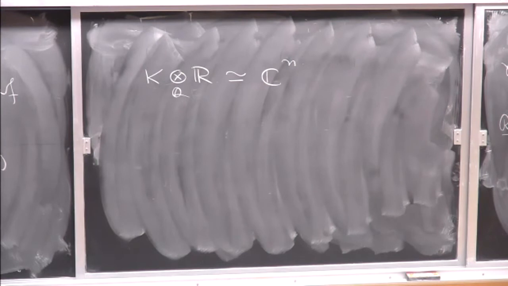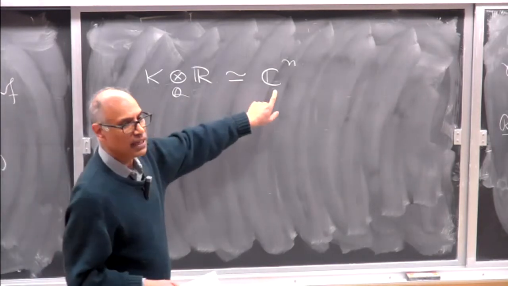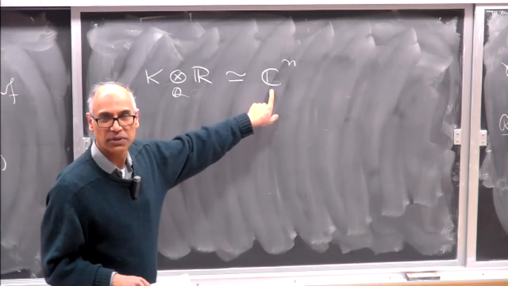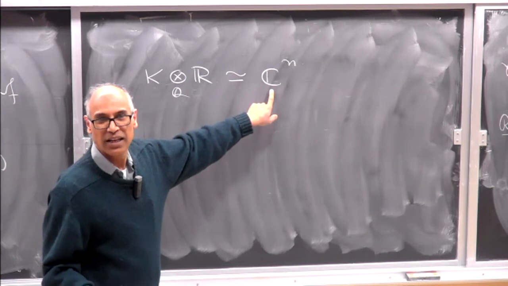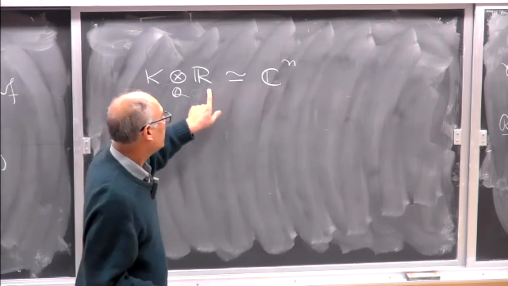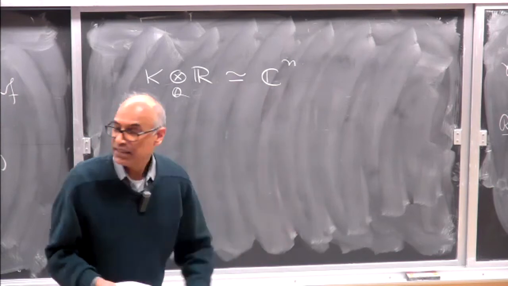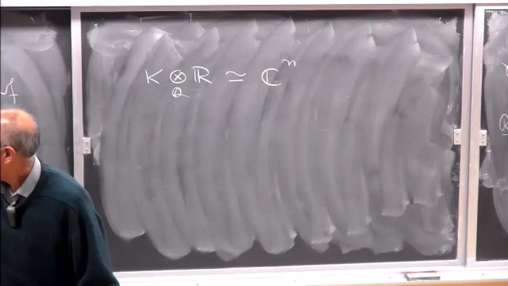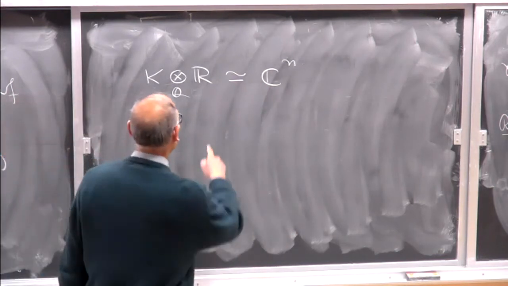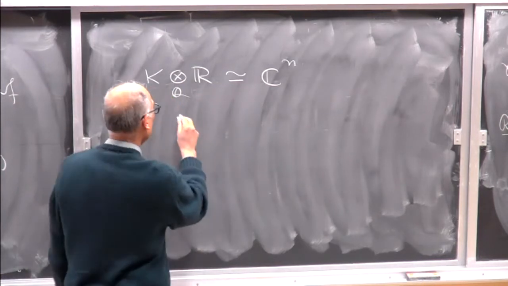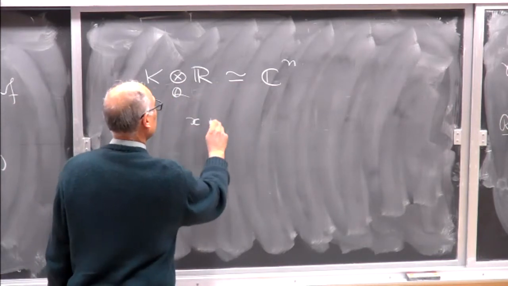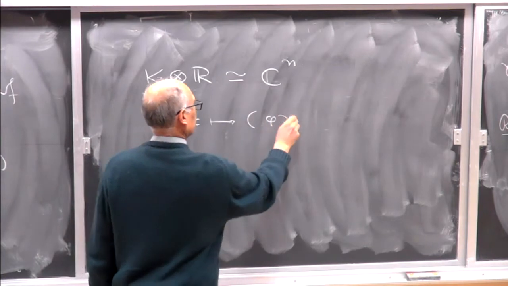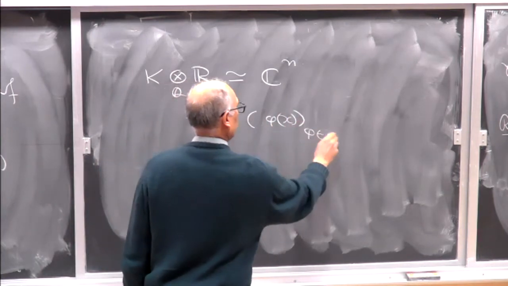Then tensoring with R, I get a 2n-dimensional real vector space, therefore an n-dimensional C vector space. This isomorphism is given by the choice of the CM type. I send x to the vector phi of x, where phi is in Phi.